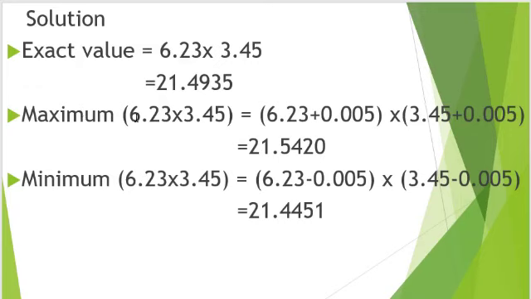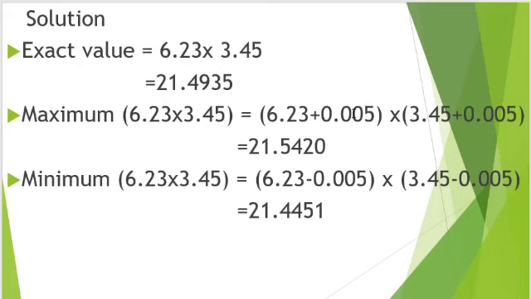Then maximum. We maximize 6.23 times 3.45. Now, when maximizing a product, that means we want a big answer after multiplying. That means we shall maximize the first number, times maximize the second number. Maximizing is having this number plus its error. That's why here you're seeing 6.23 plus 0.005 times 3.45 plus 0.005.